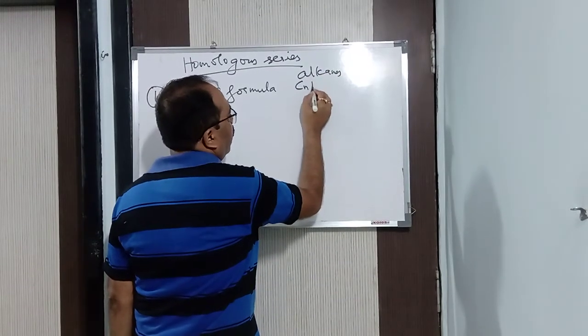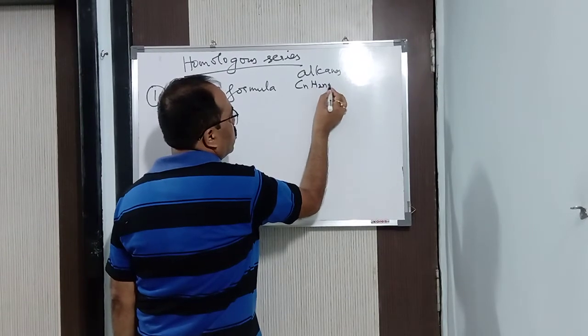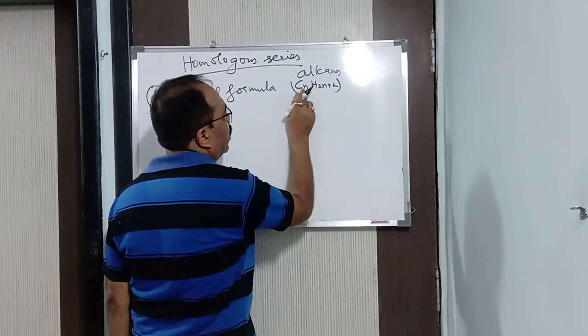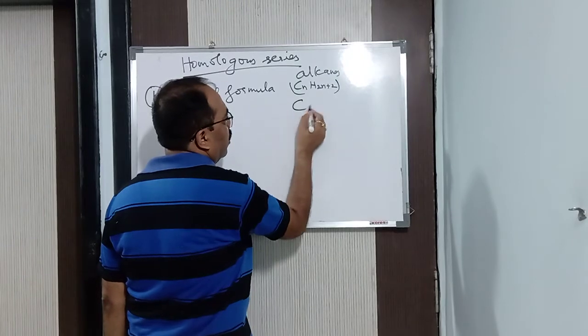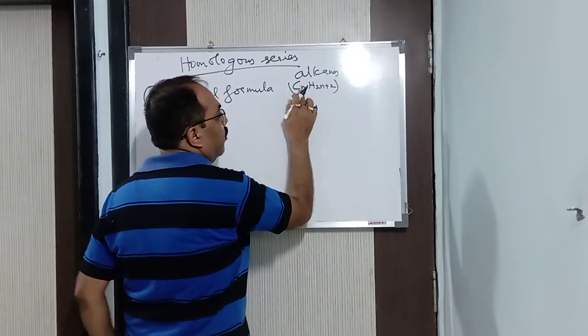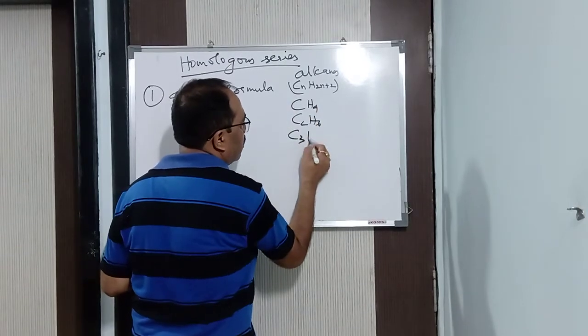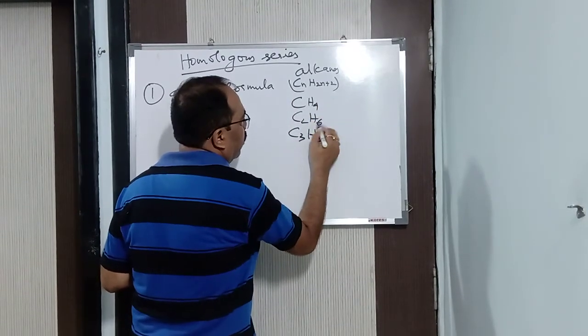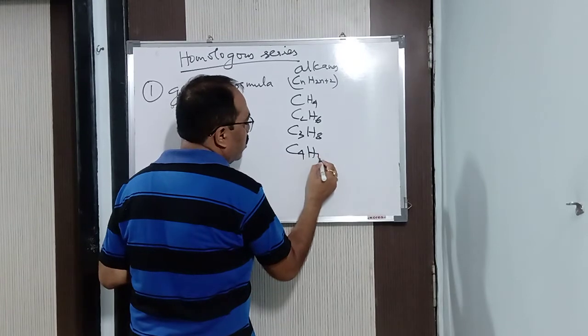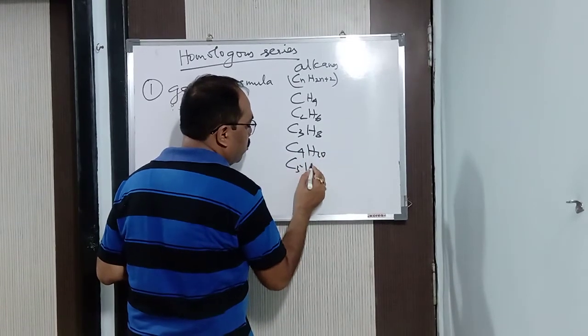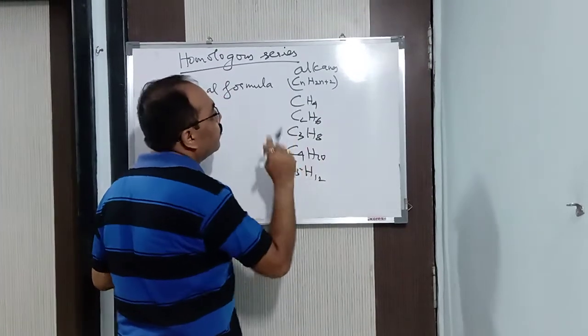What is the general formula of alkane? Just now I said, CnH2n+2. Go on putting the values. First you take n as 1, you get CH4. Then n as 2, you get C2H6. Then n as 3, you get C3H8. Then n as 4, C4H10. Similarly C5H12. It will go on in this way.